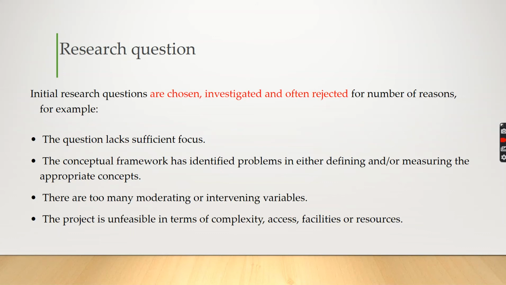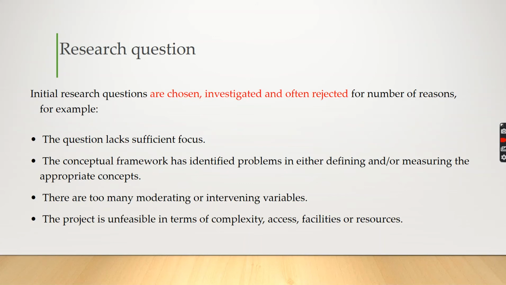And if you have a hypothesis or objective, it's advised to have three as well, not more than three per se. So the question lacks sufficient focus. These are some reasons why it's rejected. When it lacks sufficient focus, then you may reject it. You may have to rewrite your research question.